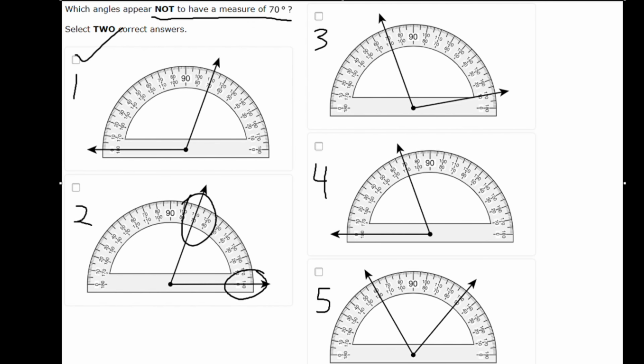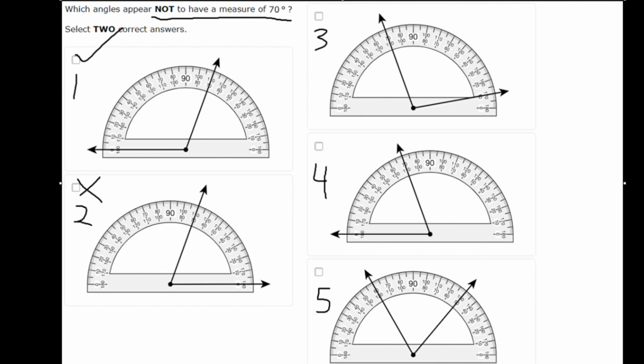Okay, well, the bottom is lined up as 180 and the top is lined up at 110. So all we're going to do is subtract. 180 minus 110 is 70 degrees. So this protractor has 70 degrees. Are we looking for protractors with 70 degrees? No. So this is wrong.